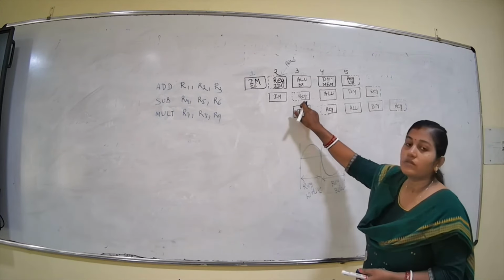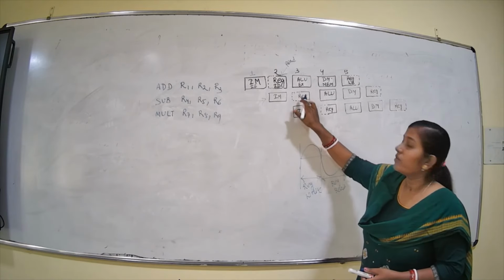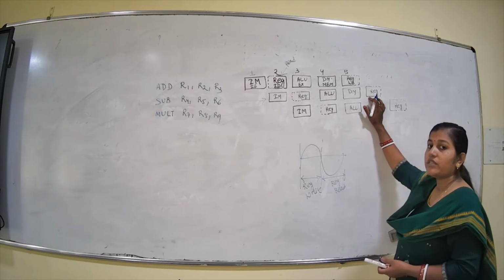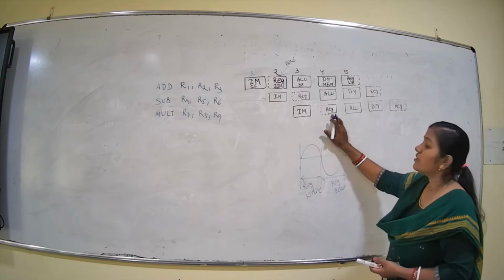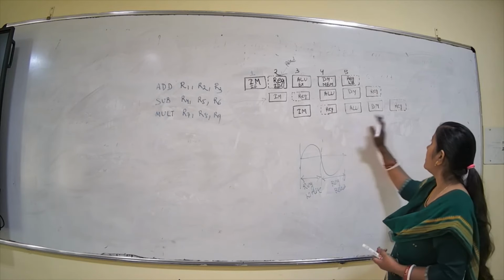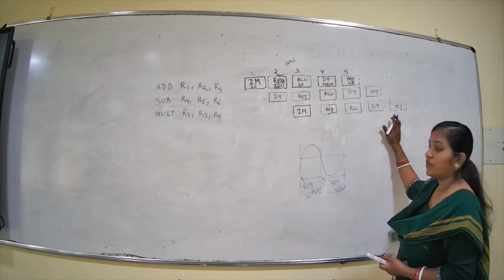Same here for the subtract instruction. ID stage, the second half is solid. Write back stage, the first half is solid. For the third, you can see decode is reading the register in the second half clock cycle, and here you are writing into the register in the first half clock cycle.